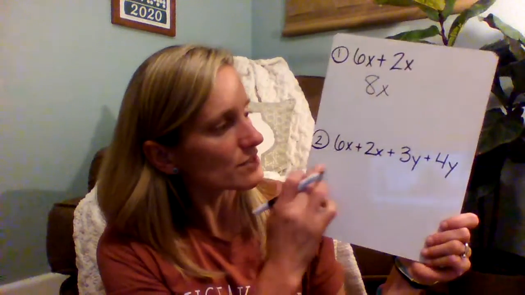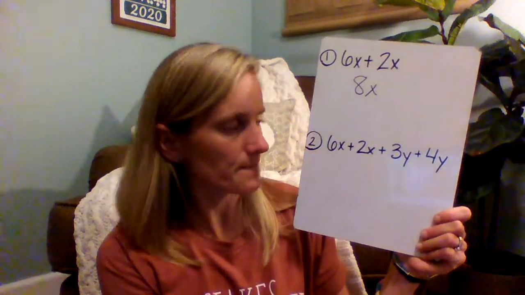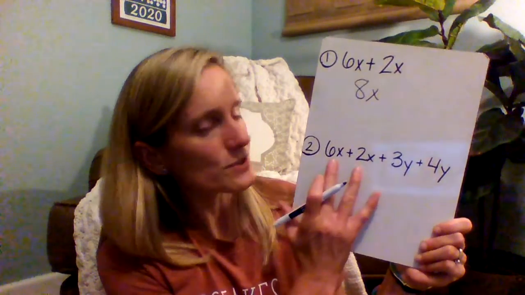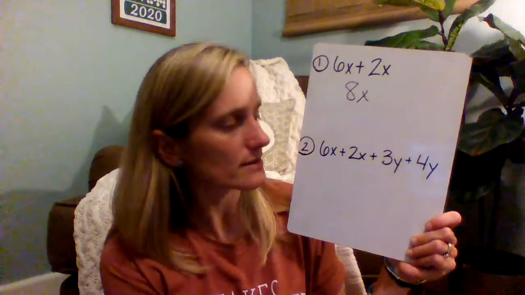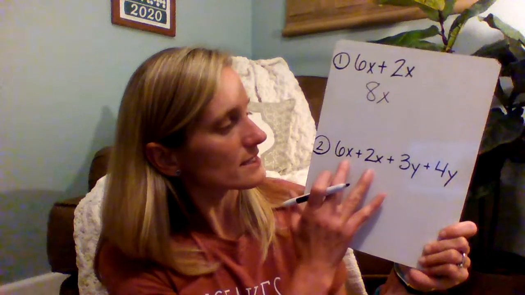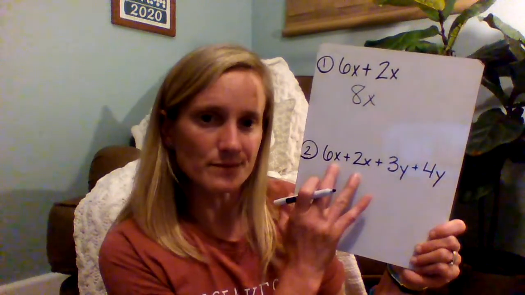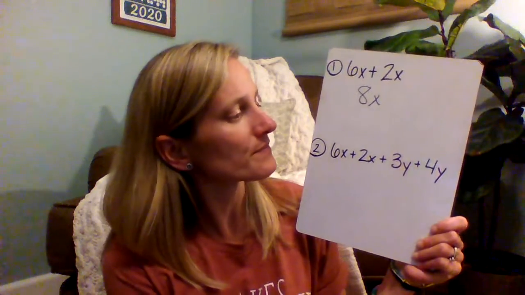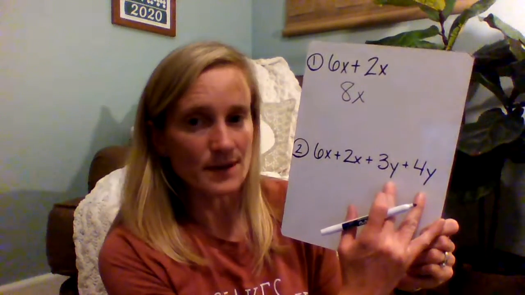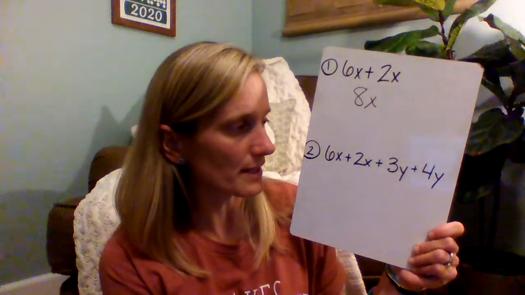If we look at each of our terms, we have 4 terms now. I see that I have 2 terms that have x's and I have 2 terms that have y's. So these x's both have the same exponent, which is just 1, so there's no exponent written in. And these y's have the same exponent, they're just to the first power, so there's no exponent written in.